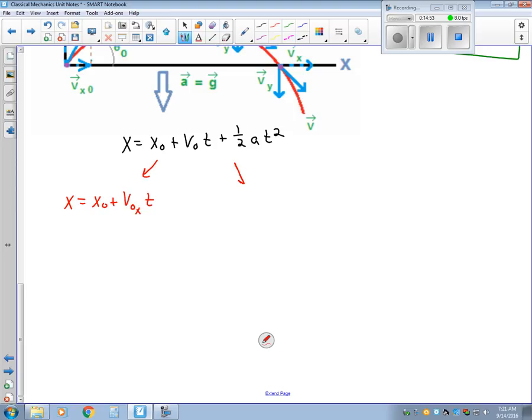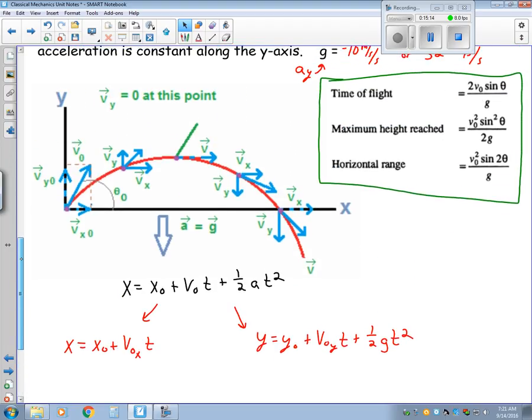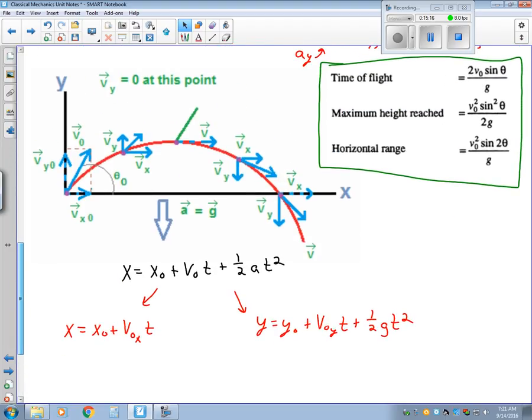And then for the y-axis, we can get that formula right there. So those three equations for time of flight, maximum height, and horizontal range all came from those two equations. All right, this concludes video 1.